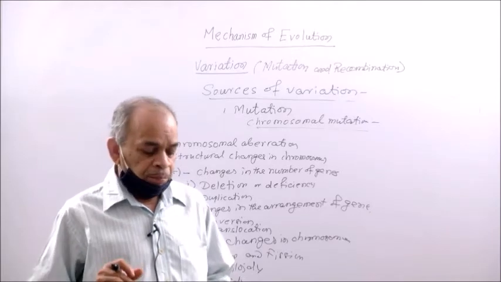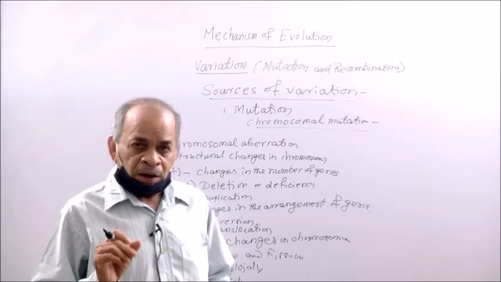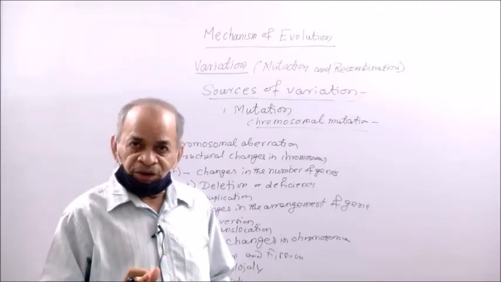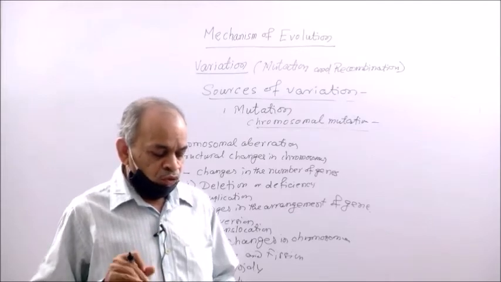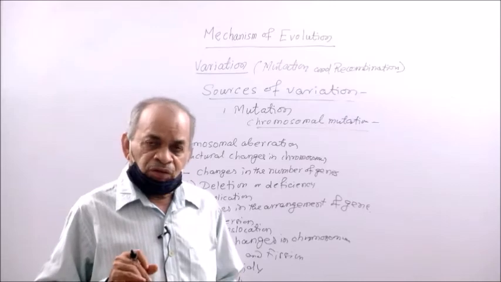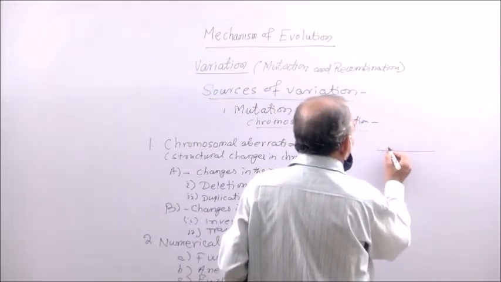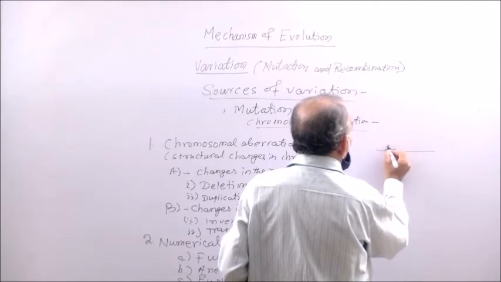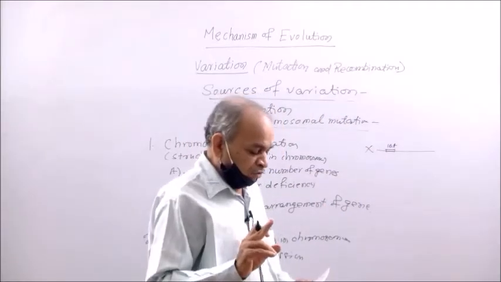Example is bar eye in Drosophila. The eye becomes bar shaped, not rounded. Bar eye in Drosophila is due to duplication of the 16A region in the X chromosome. Suppose this is the X chromosome and this is the 16A region. It is present once.